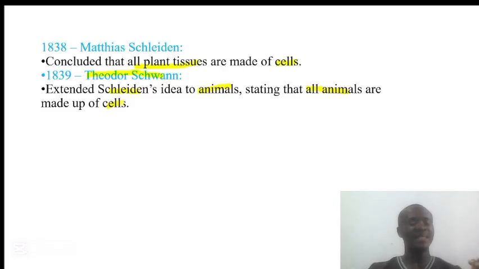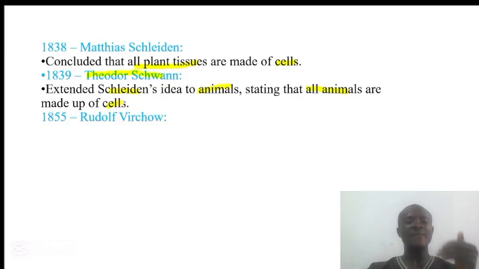So they came up with the second principle of cell theory, that all living organisms are made up of cells. So the first principle is that the cell is the basic structural and functional unit of life, and the second principle is that all living organisms are made up of cells.